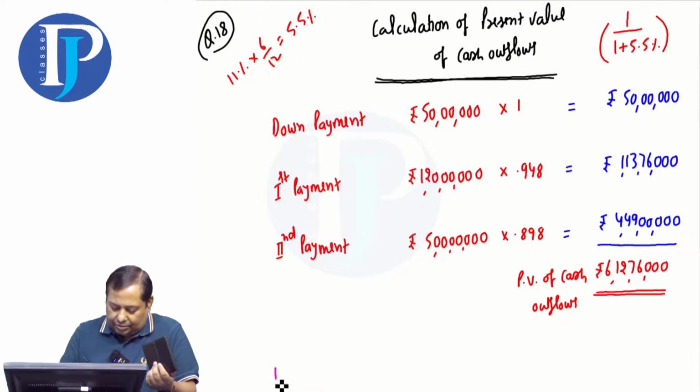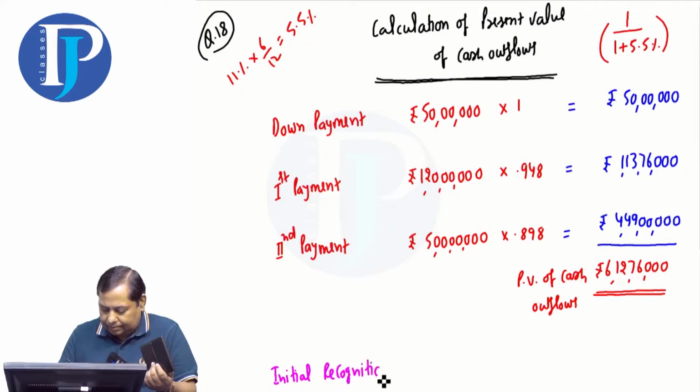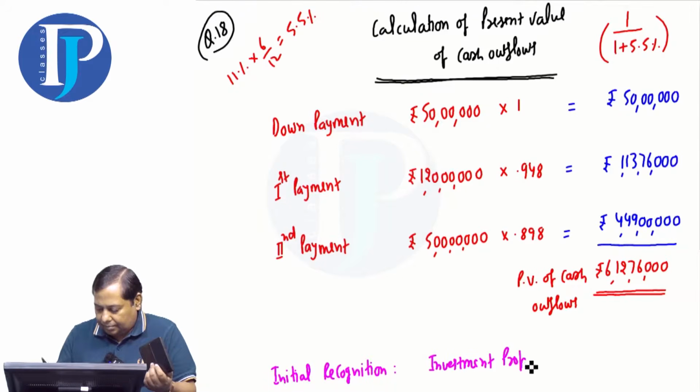So the initial recognition entry will be passed. Investment property debit 6,12,76,000.